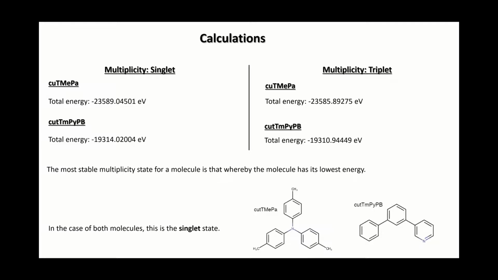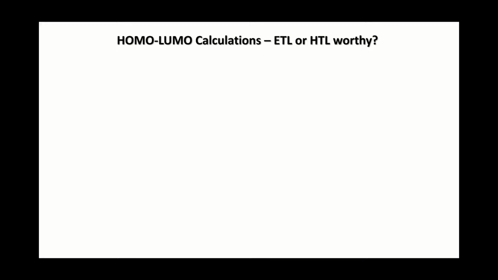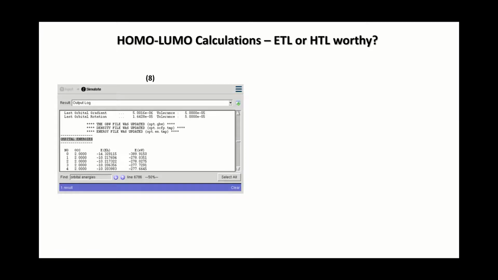So now we can move on to determining which molecule has the potential to act as either an HTL or ETL in our OLED. Remember, to do this we need the HOMO and LUMO energies of our molecules. In comparison to before, when I searched for total energy in the find section, I now search for orbital energies in that search box in the output log section again.